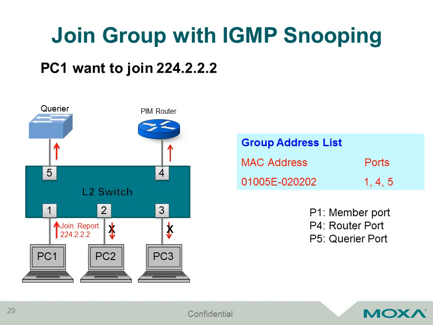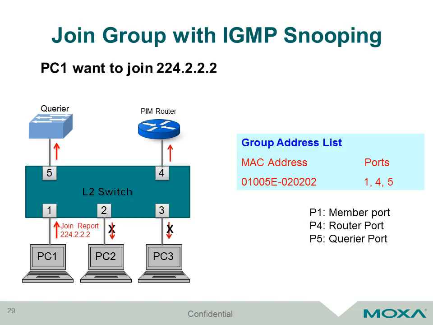Here we are going to introduce the IGMP snooping mechanism in more detail. Hope you still remember the IGMP behavior on the previous page. Based on this diagram, PC1 wants to join group 224.2.2.2, so it sends the join message to the switch.